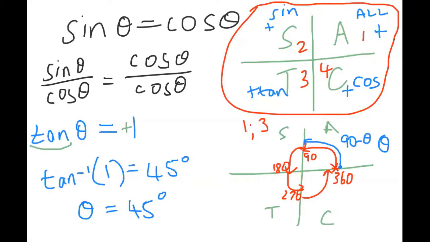So 90 minus theta is in this quadrant. In quadrant 2, you have 90 plus theta. But you also have up to the 180, but then you go the other way again, so 180 minus theta.